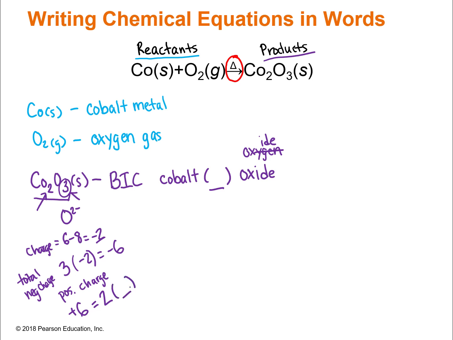But we need to figure out the charge. In order for the charge times the number of ions we have to equal 6, that cobalt must have a positive 3 charge. Does everybody follow that?